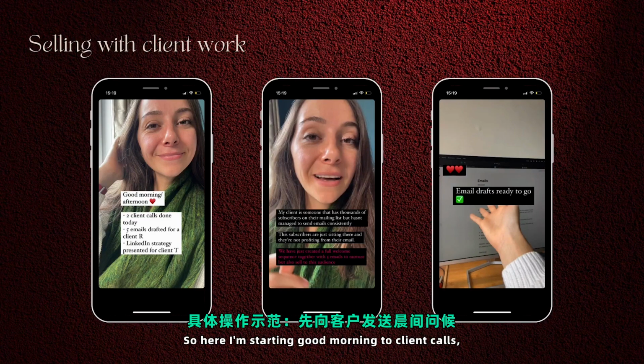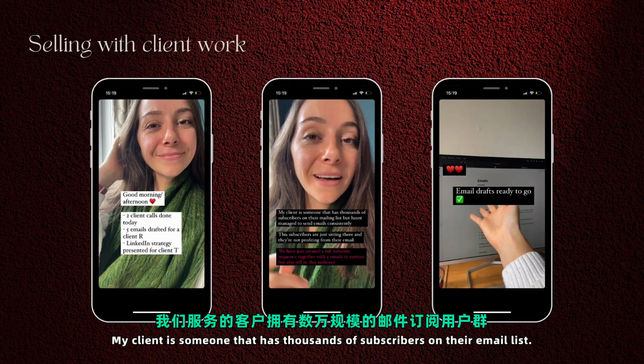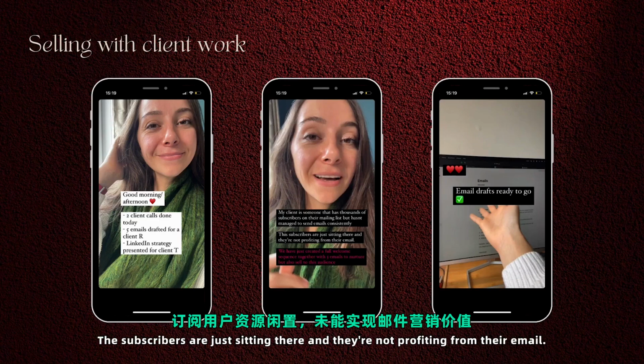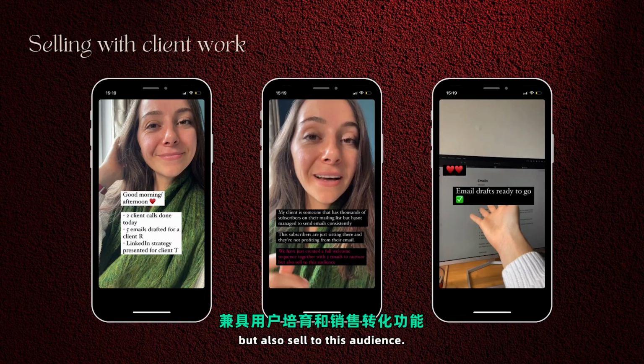So here I'm starting, good morning, 2 client calls done today, 5 emails drafted for client R, LinkedIn strategy presented for client T. Then we continue by saying, my client is someone that has thousands of subscribers on their email list, but hasn't managed to send emails consistently. The subscribers are just sitting there and they're not profiting from their email. We have just created a full welcome sequence together with 5 emails to nurture, but also sell to this audience.